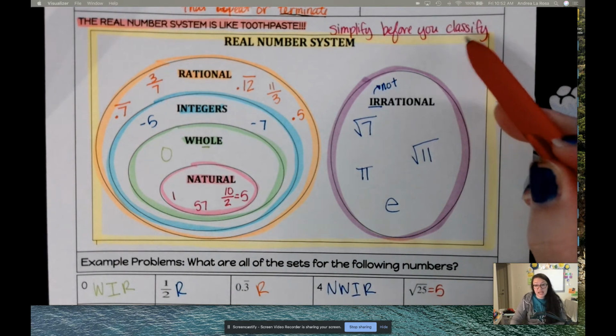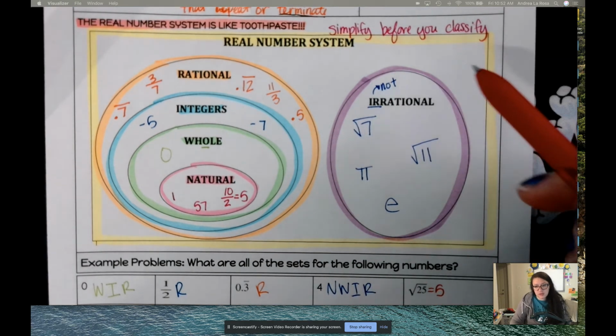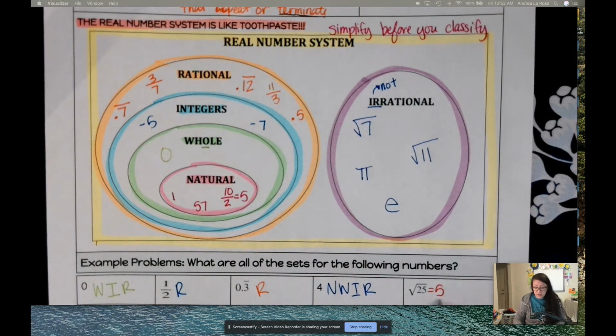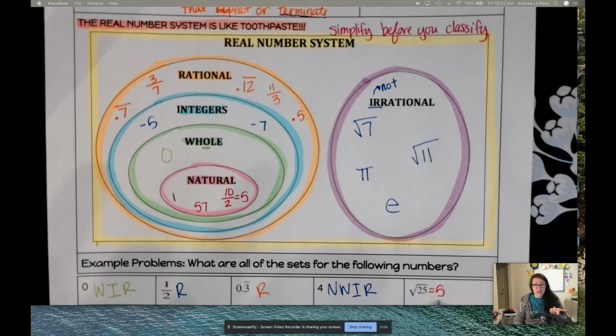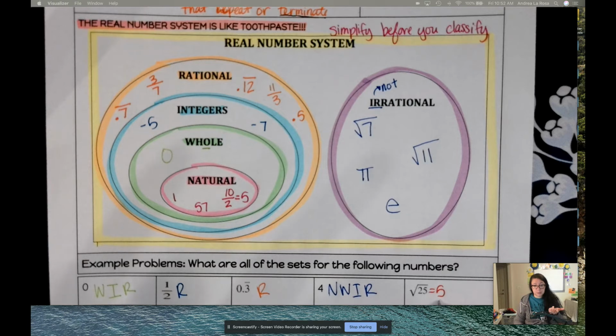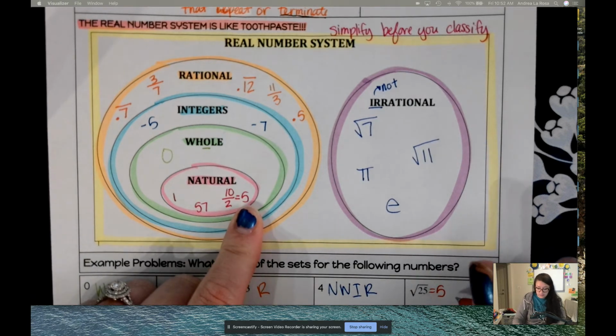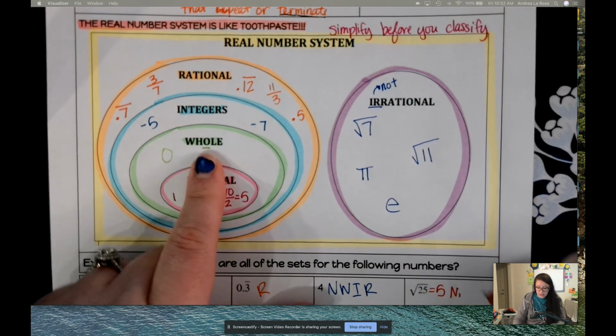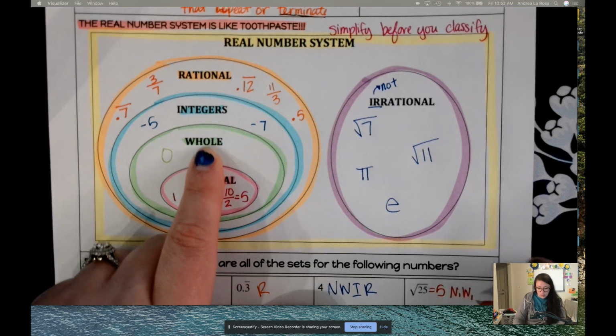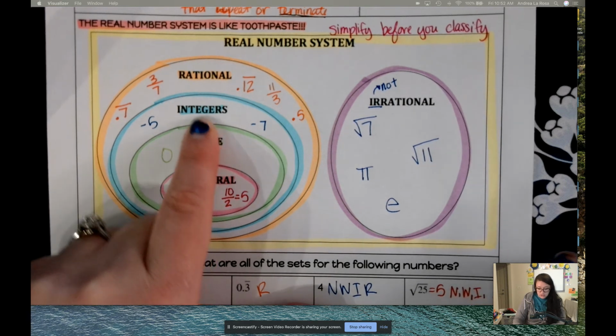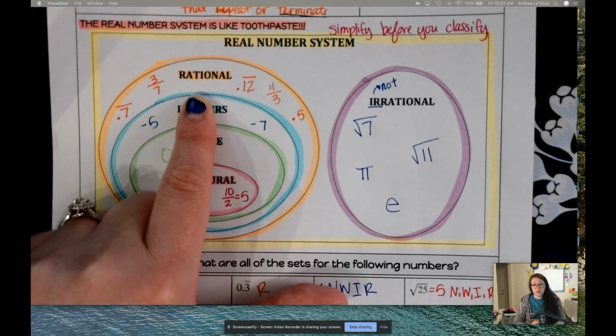Simplify before you classify. Use your calculator to help you if you need to. So now I want to think about the number 5. Where would that go? Natural. Toothpaste it out. It's also whole, it's also an integer, it's also rational.